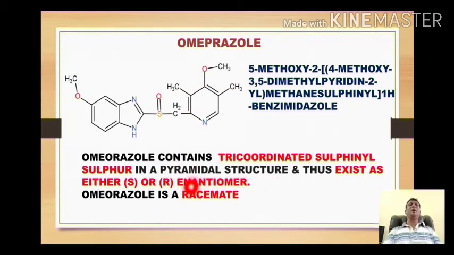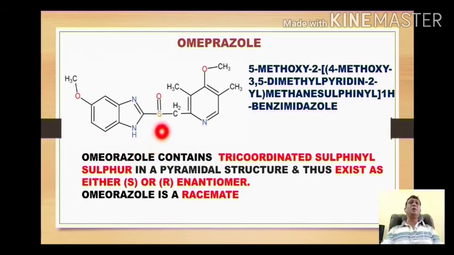Now dear student, if we look at the structure, we can find that there is no chiral carbon. But Omeprazole and the other proton pump inhibitors are available in their isomeric forms. We may wonder why.